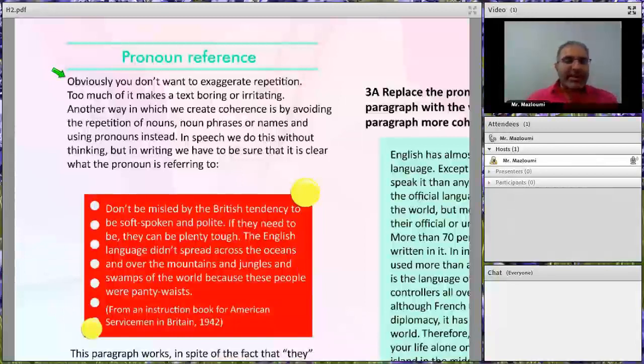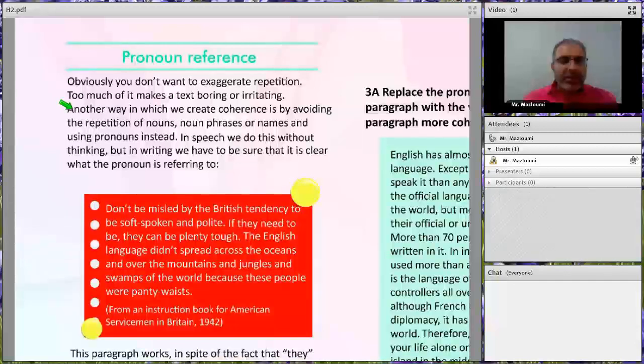So clearly, you don't want to exaggerate repetition. Don't overdo it. Too much repetition can be risky and dangerous. Too much repetition makes the text boring or irritating, kind of annoying. So remember not to overdo it in your writing.